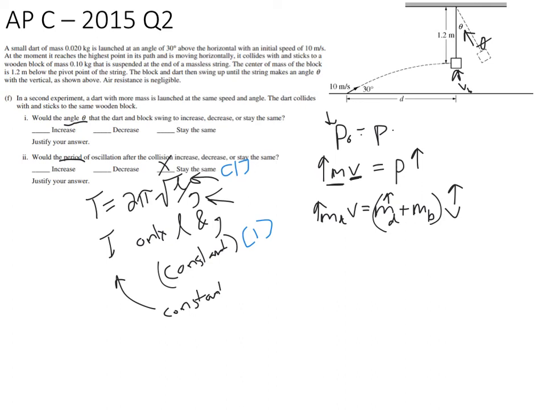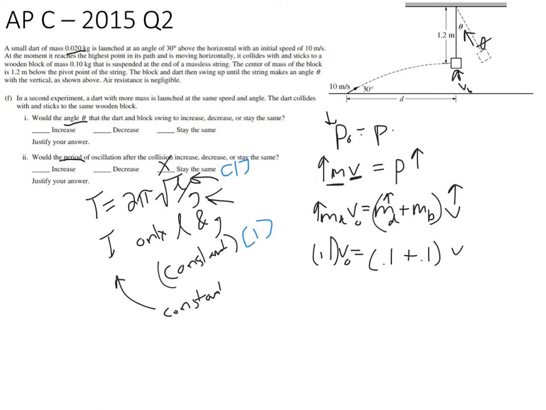Now you can double check this by plugging in numbers. So let's see, we had that the mass of the object was 0.02. Let's give it a big even 0.1. Oh wow, yeah, we're bringing it up to the block's mass. So that's 0.1 times the initial velocity v0 equals 0.1 plus 0.1 times v.